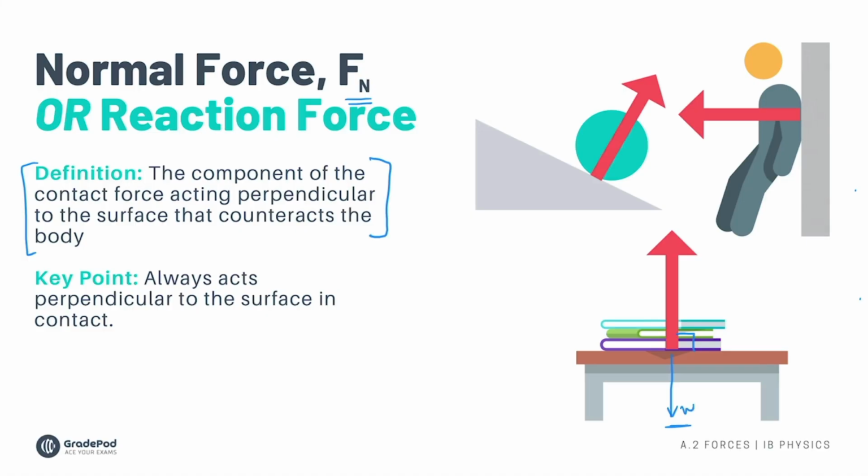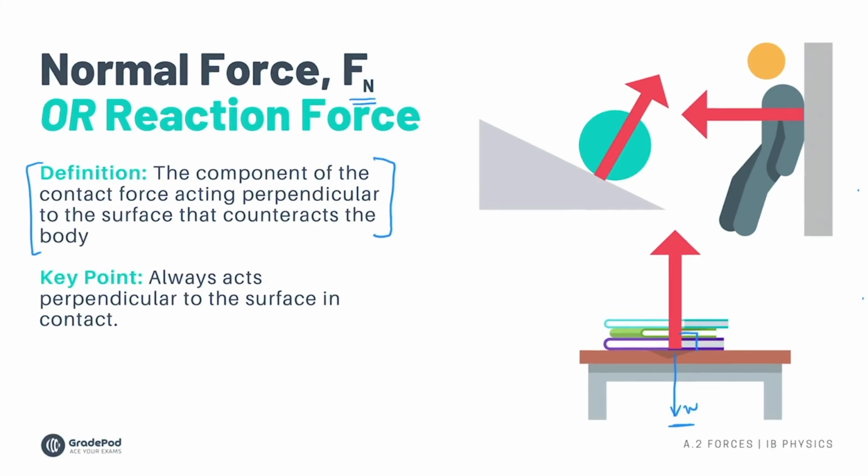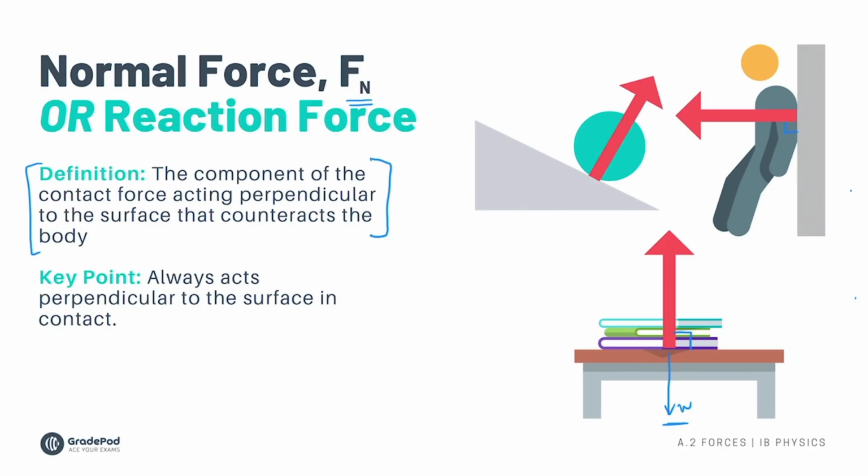If we have somebody resting against a wall, the normal force is perpendicular to the hard surface. If we consider a ball rolling down a hill, the normal force is perpendicular to the hard surface. That's the key point for reaction force, or the normal force, that it's always acting perpendicular to the surface in contact.